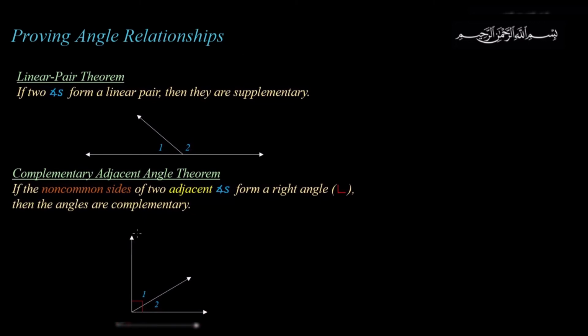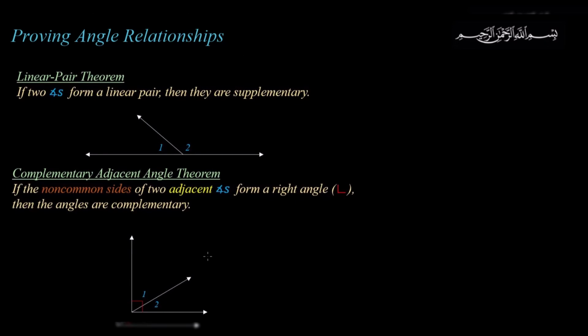If you notice here, angle 1 and angle 2 have a shared side, that's the common side, and there are two non-common sides. If the two non-common sides of these adjacent angles make a right angle, then angle 1 and angle 2 are complementary. Okay, you have to memorize this also. So let's read these two theorems again together. The first theorem, the linear pair theorem, states if two angles form a linear pair, then they are supplementary.